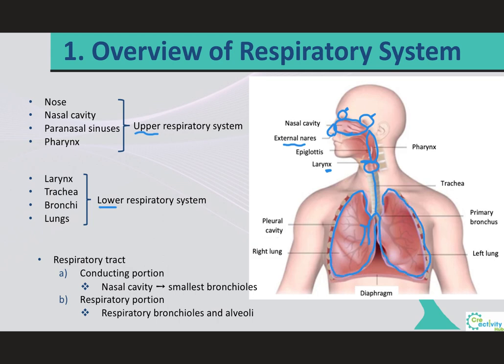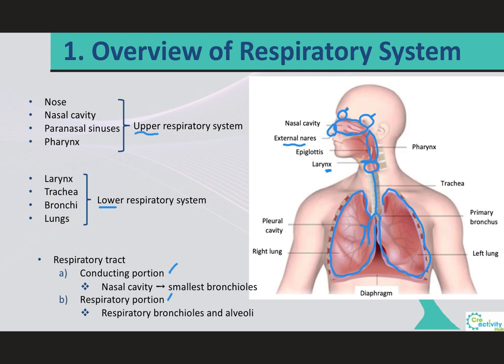Now, the respiratory tract will consist of the airways that carry the air to and from the gas exchange surfaces. So the respiratory tract can be divided into two portions, what we call a conducting portion and a respiratory portion.